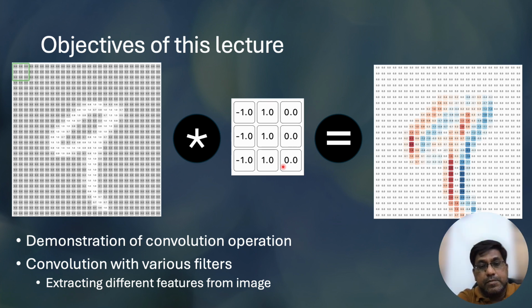So we will see some demonstrations of how to extract features by performing convolution of the input image with specific filters, and in the process we will also get a better understanding of how the convolution computation itself is performed, which we had seen in quite some detail in the previous lecture as well, but today we will see that with some real image pixel values.